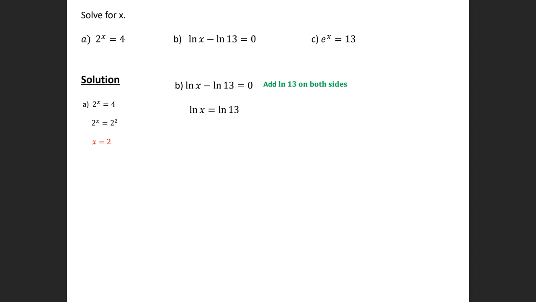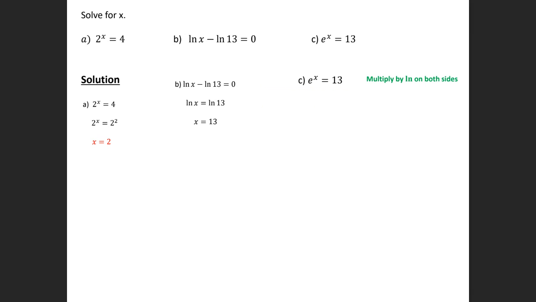This gives me the natural log of x is equal to the natural log of 13. This one's hopefully a lot easier, and I can use my one-to-one property: for these two logs to be equal to each other, the inputs also have to be equal to each other. So then x is equal to 13, yes? All right, how about C?